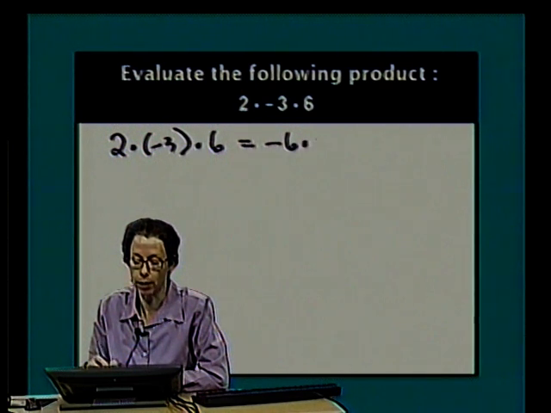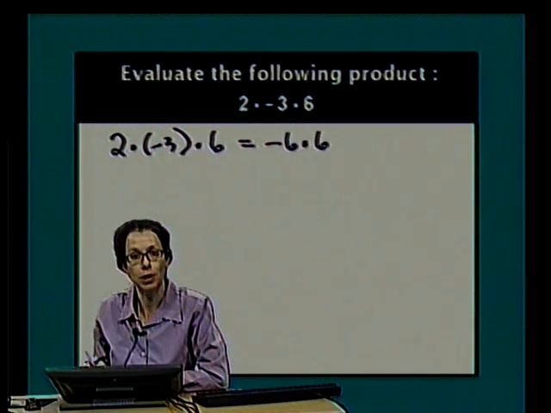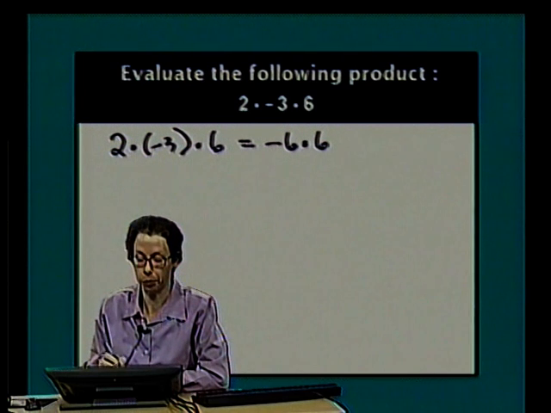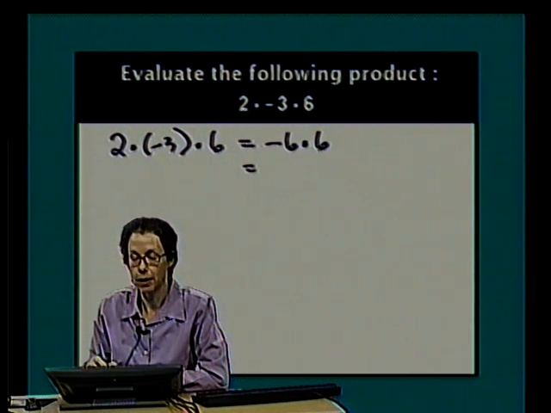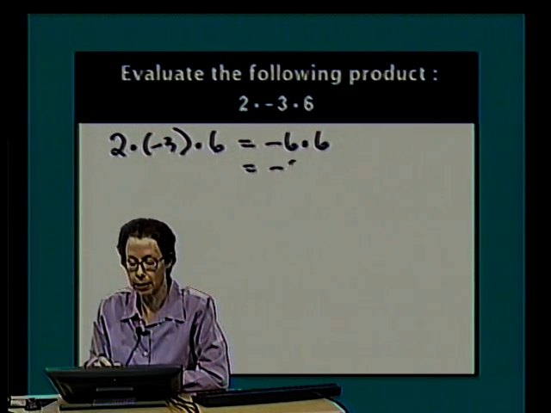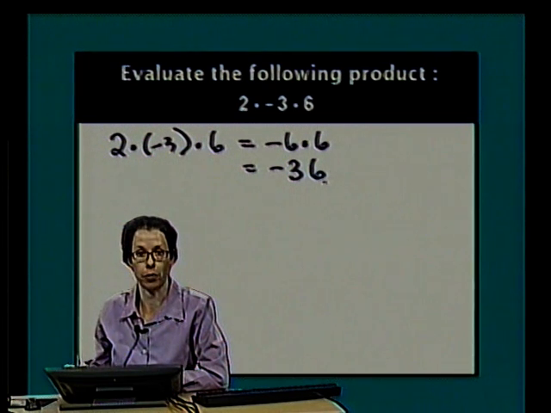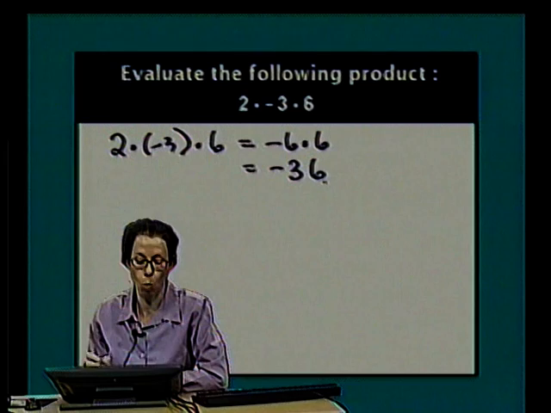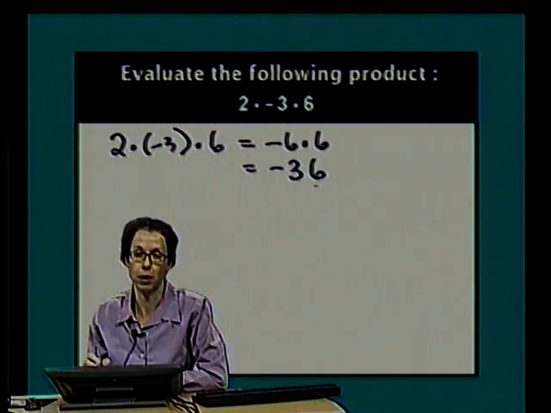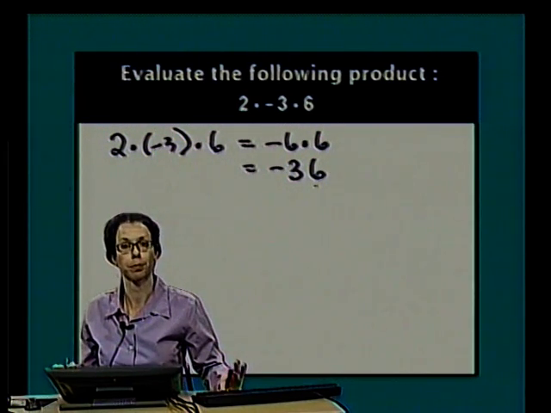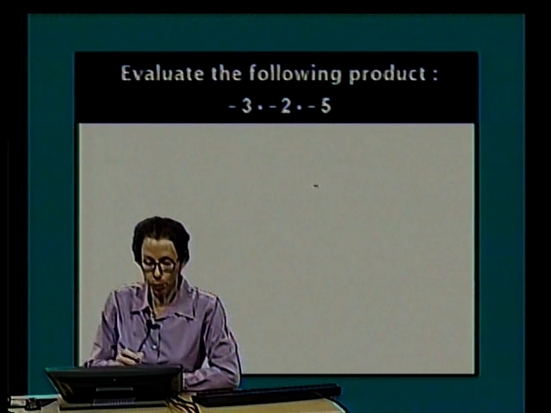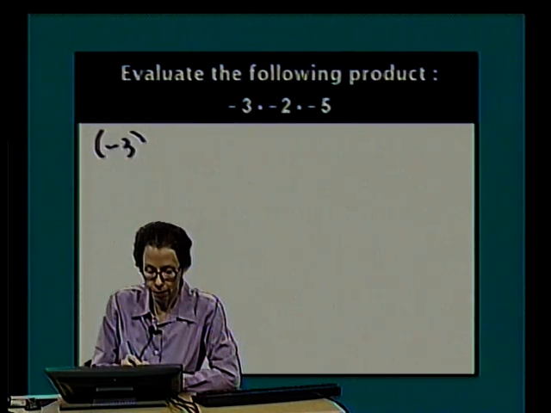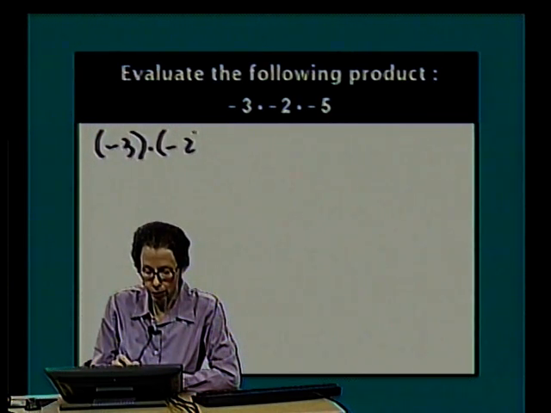And that product is negative 6, which I still have to multiply by 6. Negative 6 times positive 6 is negative 36. So in this example, I had several factors and one negative factor, and the result was negative. In this problem, I have three factors, and all of the factors are negative.